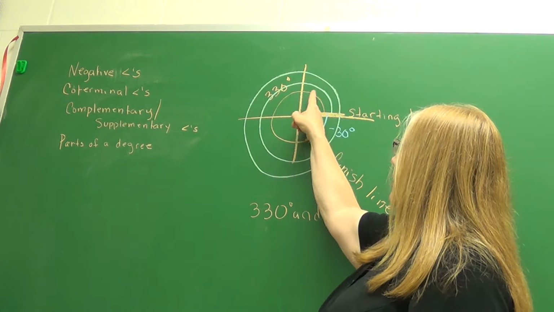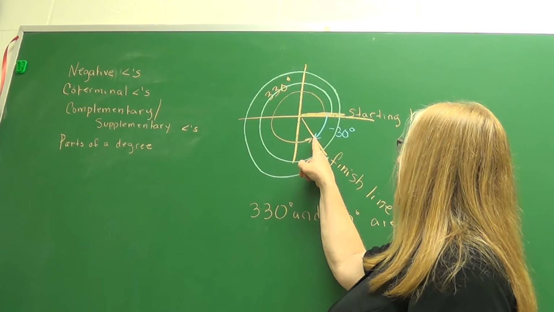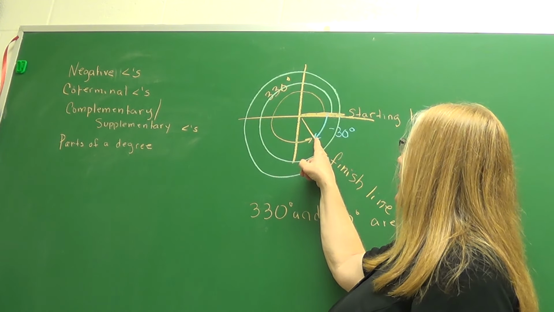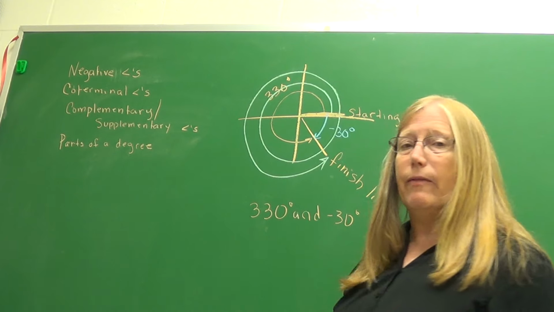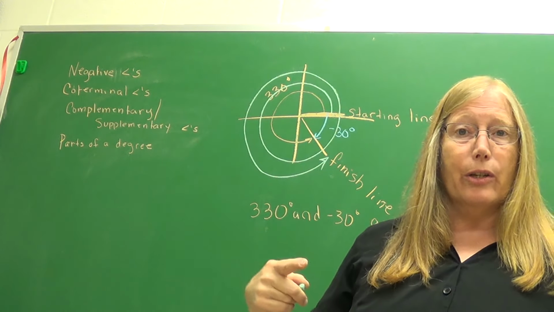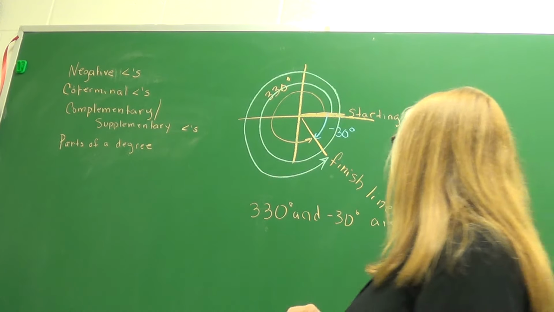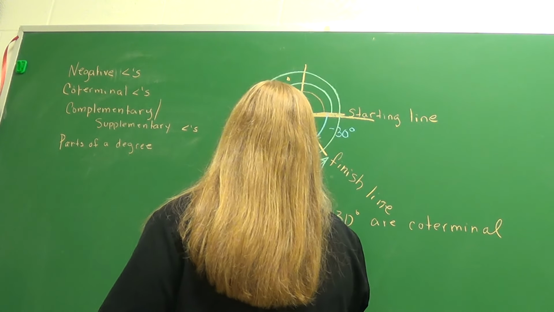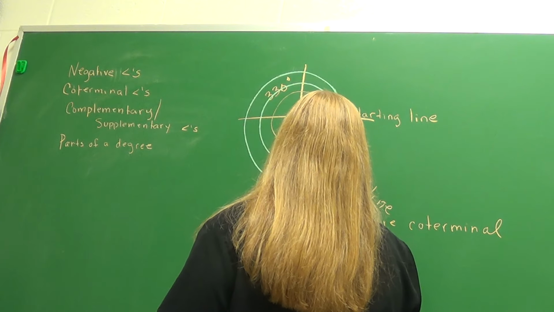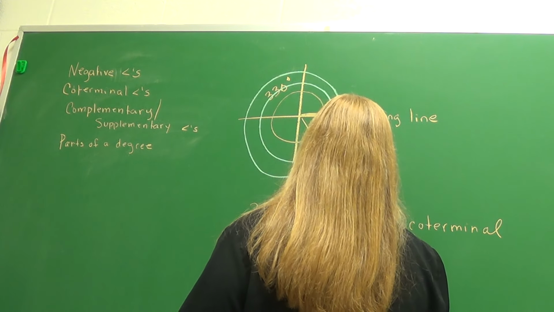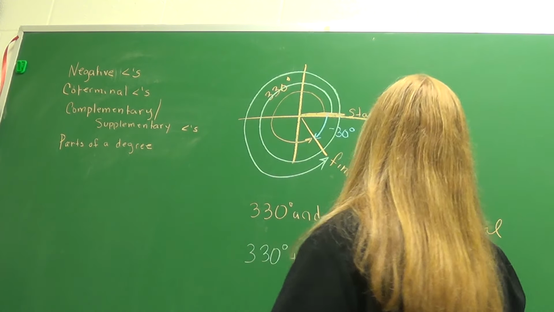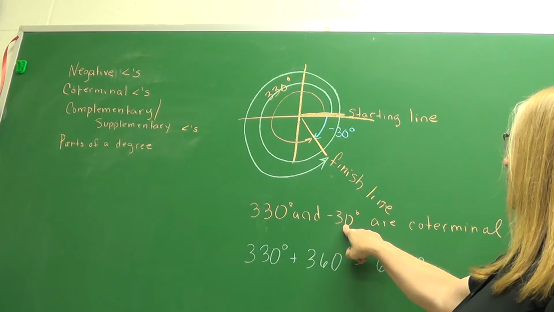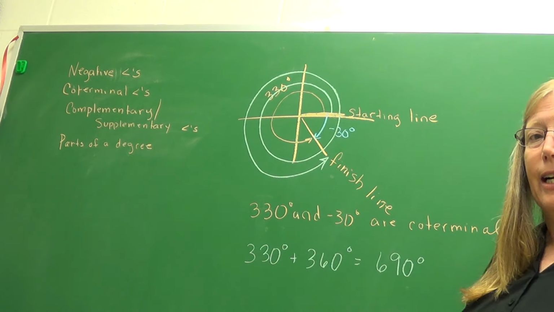And it went all the way around to 330, and then it went one complete revolution, one complete circle past that. So we know a whole circle, we were at 330, and we added another circle, so we end up with 690. So we have 330, negative 30, and positive 690.